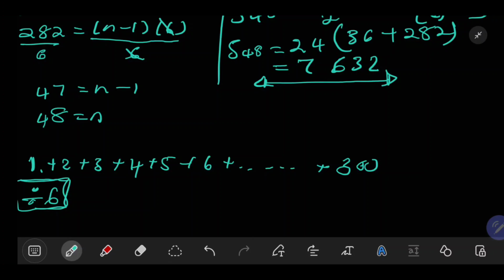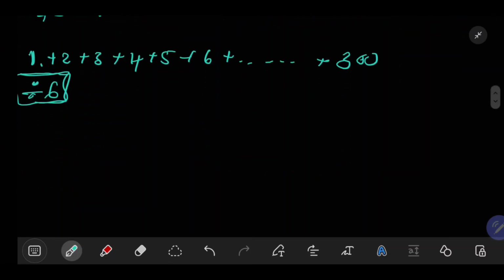Okay, but the numbers that are divisible by 6, we must remove them from our series. Okay, so in this case, we must find the sum of all the numbers from 1 up to 300.